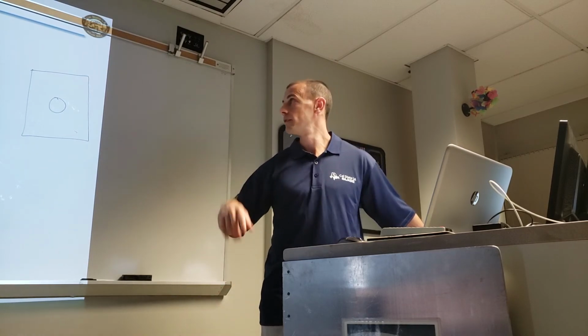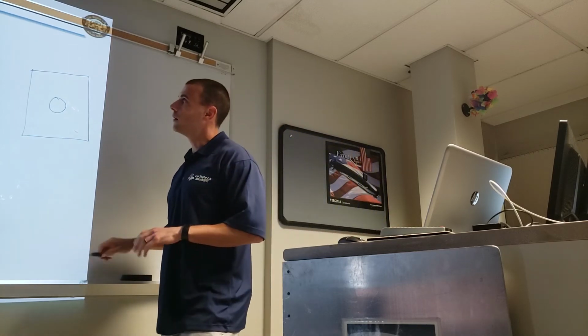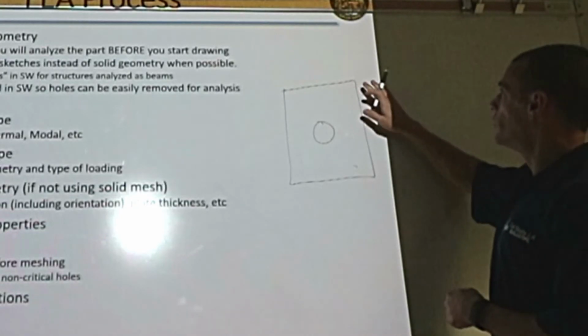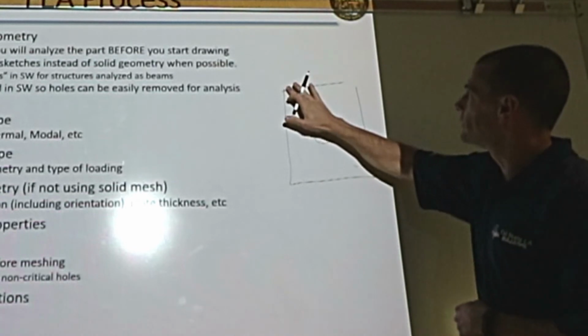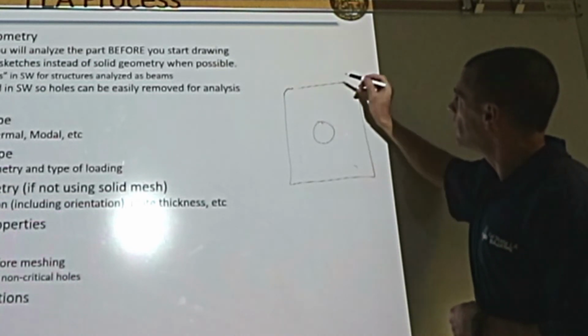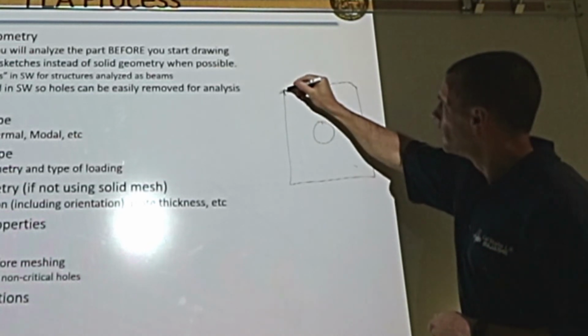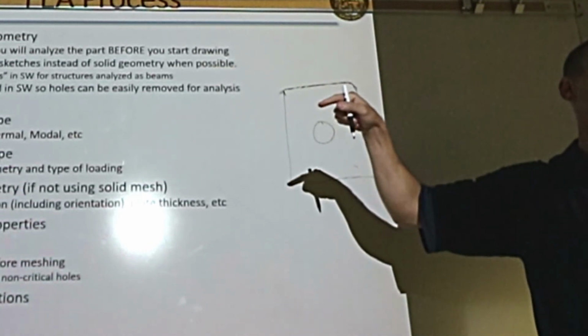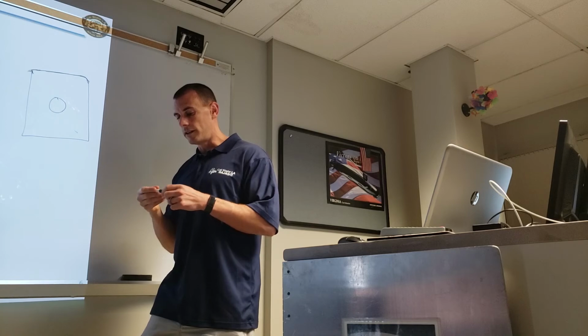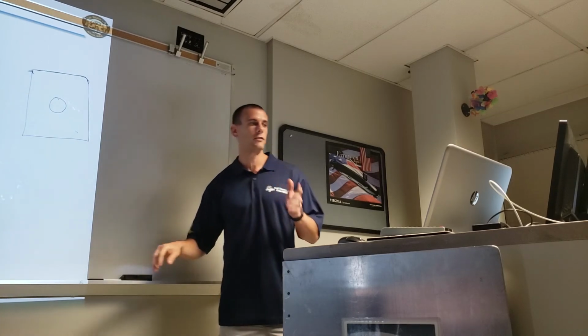Same with the fillets. If you know you're going to have fillets here, don't draw a sketch that has fillets in the sketch. Draw it a sharp square and use the fillet feature and make fillets. That way, same with the holes, you can remove it later and it's easier to change.